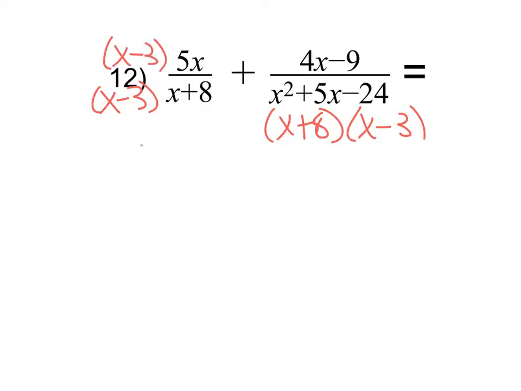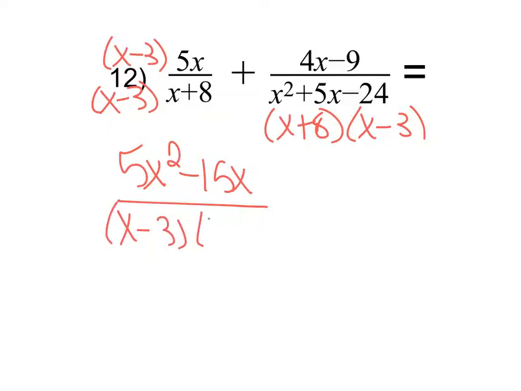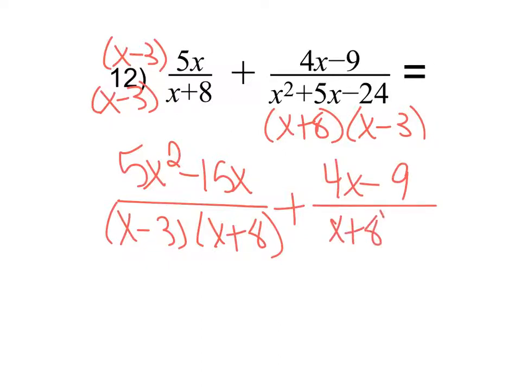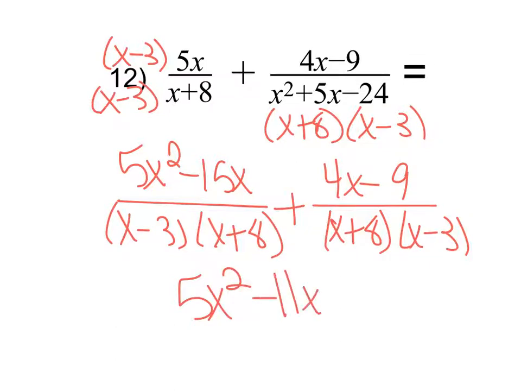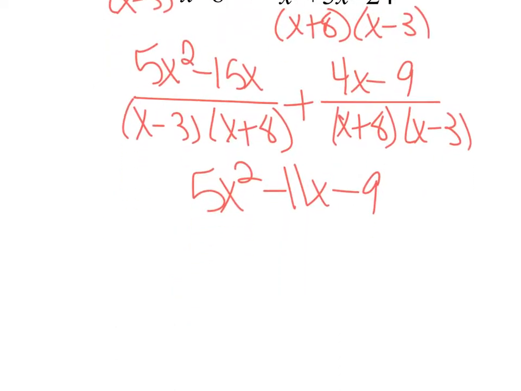And I would get 5x squared minus 15x when I distribute over x minus 3, x plus 8, plus 4x minus 9 over x plus 8, x minus 3. And then when we put them together, we get 5x squared minus 11x minus 9 all over x minus 3, x plus 8.